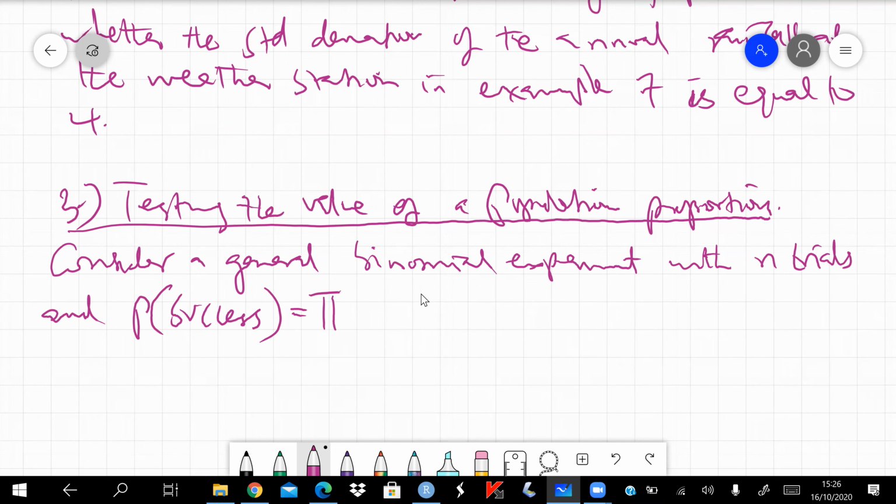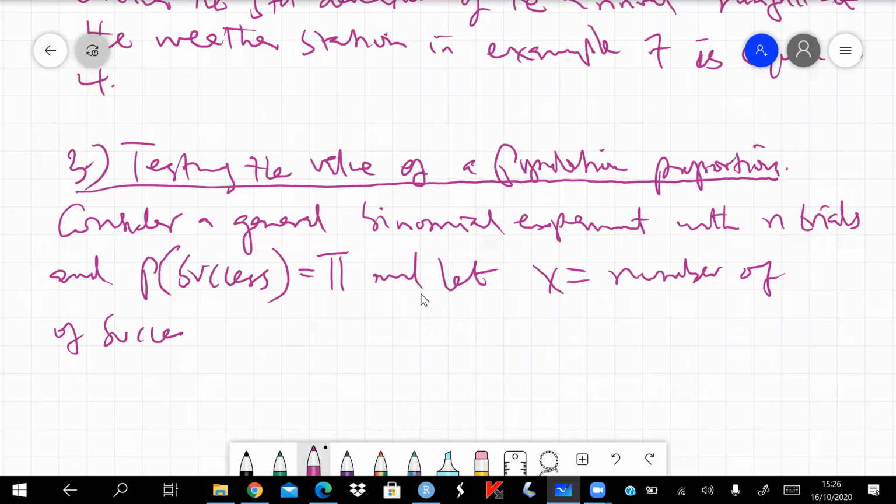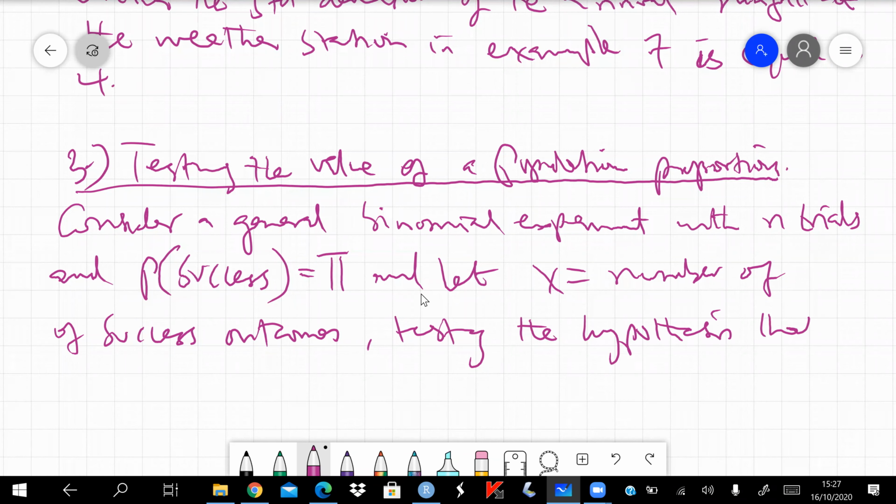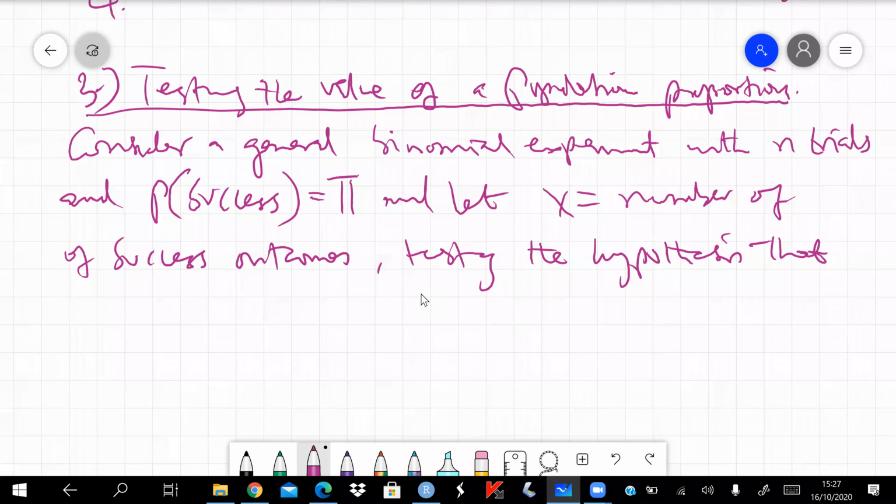sorry, this pi here refers to the population. And then we say let x be the number of success outcomes, testing the hypothesis that H naught, that pi is equal to some pi naught.